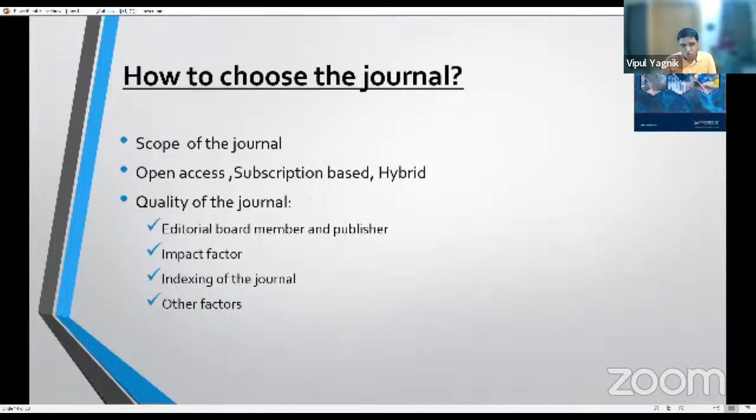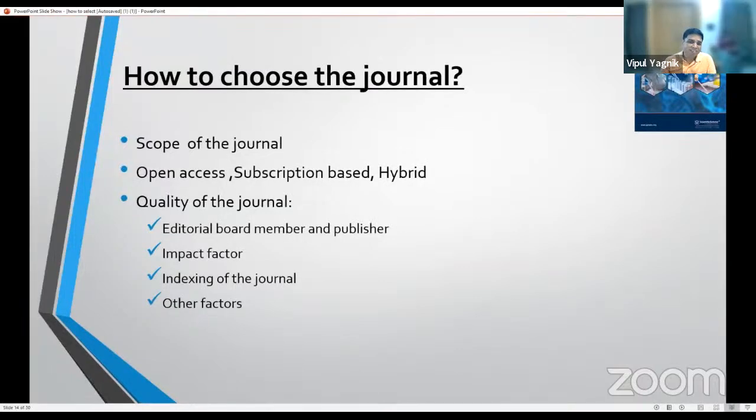Open access journals are those where the article is freely readable, freely downloadable and freely distributable. Subscription based journals are those in which the reader can only access the abstract, not the full text. To access the full text, the reader has to pay the charge. Hybrid journals include both open access option as well as subscription based option.